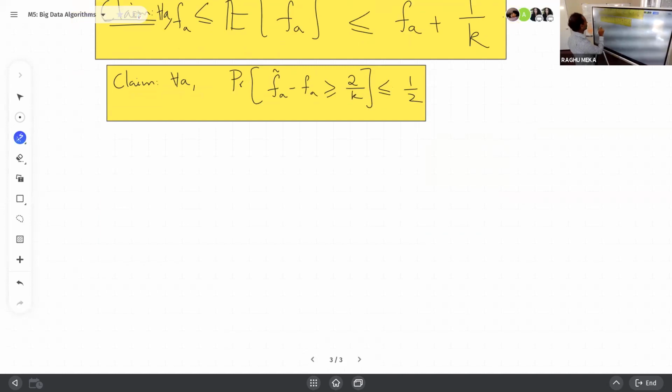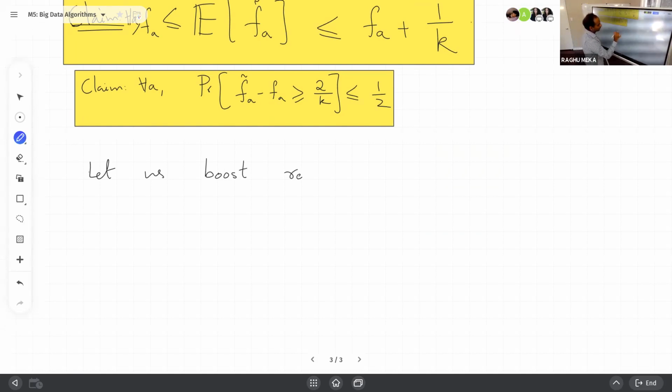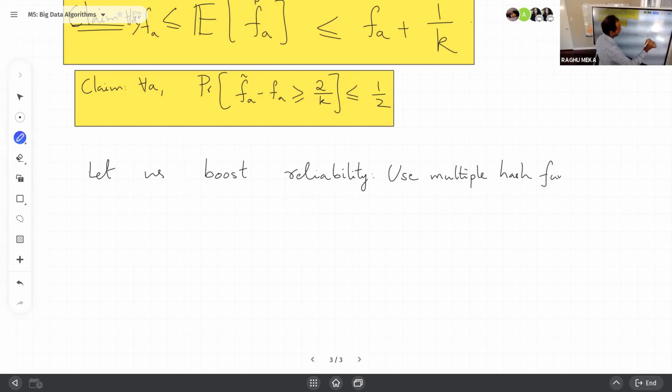So let us boost reliability. Boosting reliability would mean I use multiple hash functions, where each estimator is one hash function.